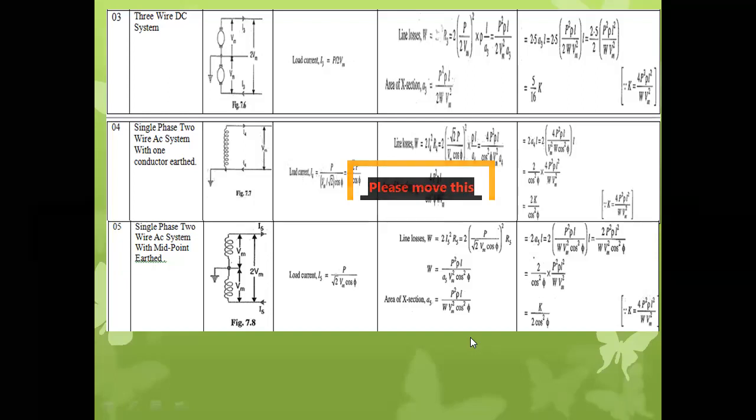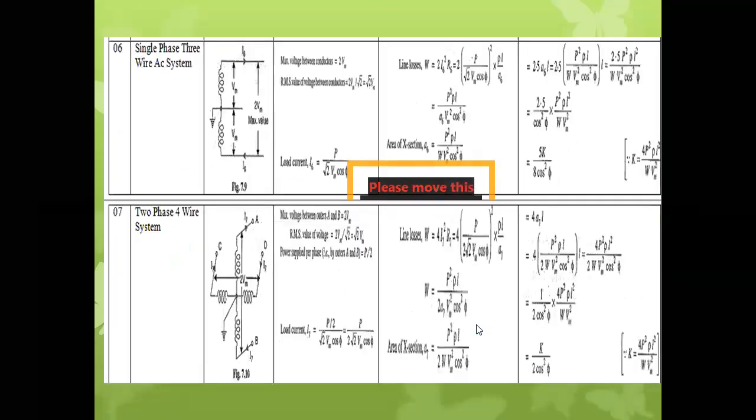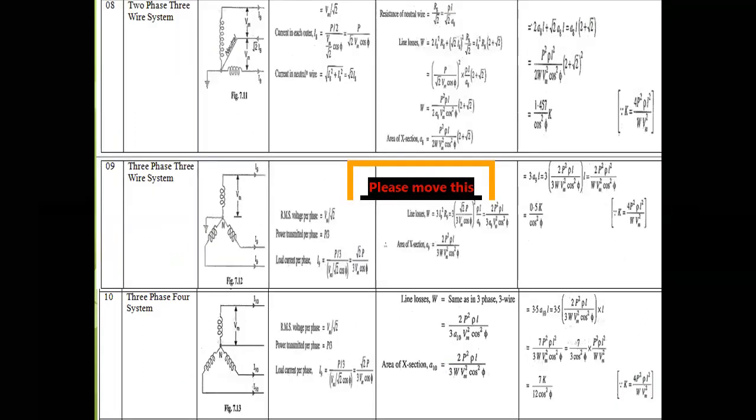So, as per the time consideration, do the same calculation and compare with the first case. Then you will get the idea of the comparison between the conductor cost of various AC transmission schemes. In the sixth case also we have to compare, likewise 7, 8, 9, 10. Compare with the first case for all the remaining cases.